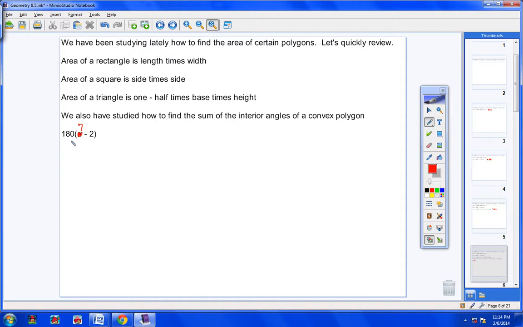And so the sum of the interior angles of a 7-sided convex polygon is 900 degrees. And also we've learned that the sum of the exterior angles of a convex polygon, I don't care how many sides it has, that doesn't matter, the sum of the exterior angles is always 360 degrees.